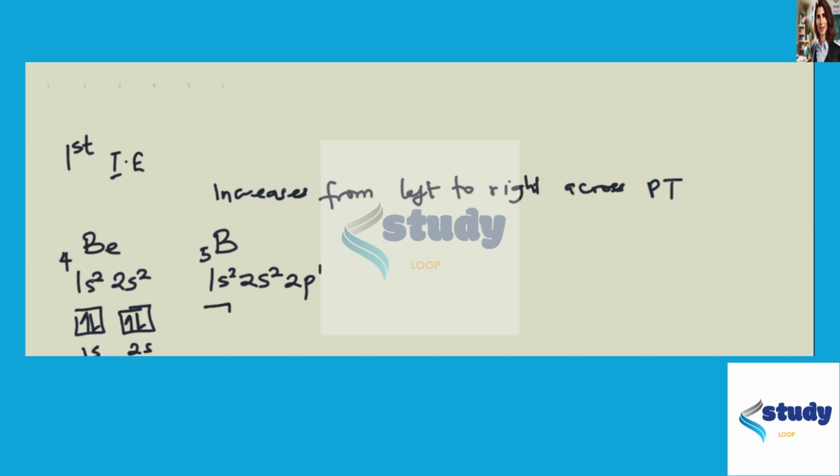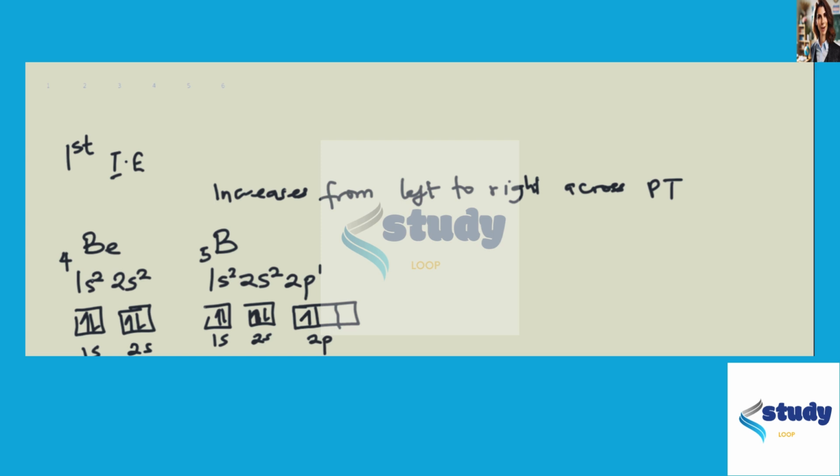If you draw that for boron as well, 1s, 2s, and this is 2p. 2p has 3 suborbitals, the px, py, and pz, and you have just 1 electron in it.